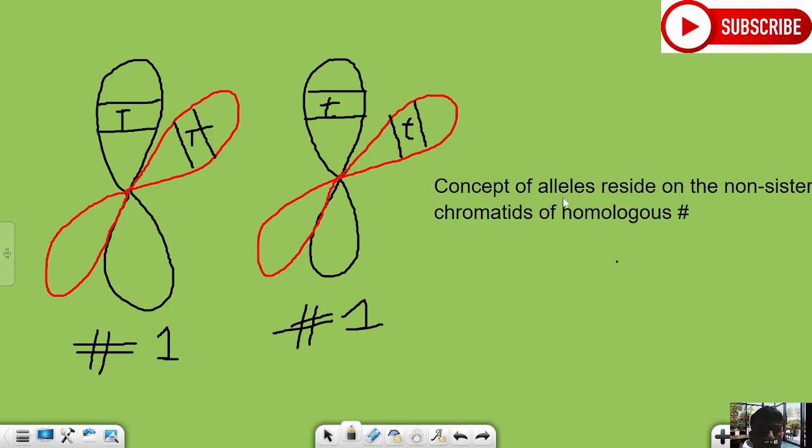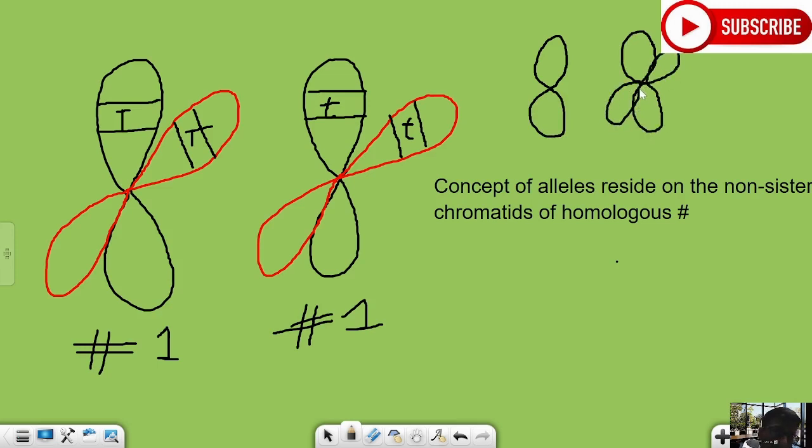That means in G1 phase, the chromosome will be like this, right? After the S phase, the chromosome undergoes replication and forms a sister chromatid, and they will have a pair of chromatids attached to it.